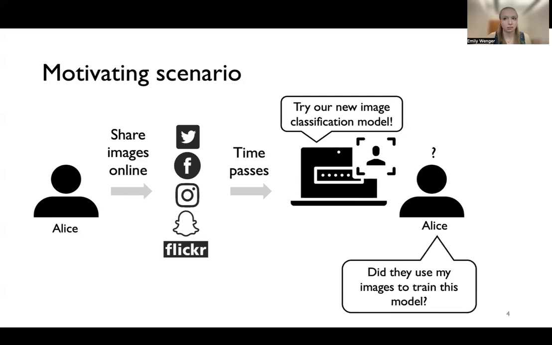And Alice is curious, did they use my data to train this model? Given the lack of legal frameworks, Alice can't query the provider and ask them specifically, did they use my data? So the alternative route Alice can take is using our mechanism, data isotopes. Isotopes are images that are modified in certain ways when shared to make their presence in machine learning models downstream more detectable.